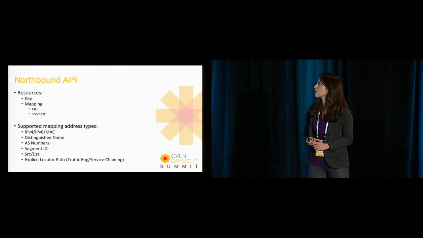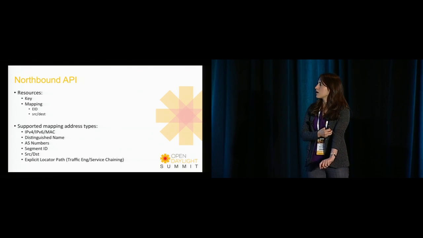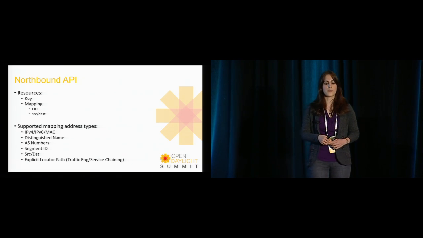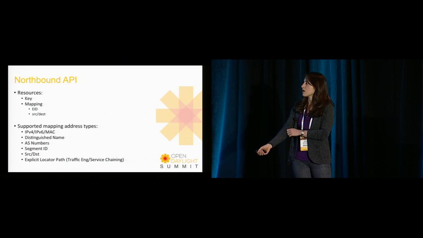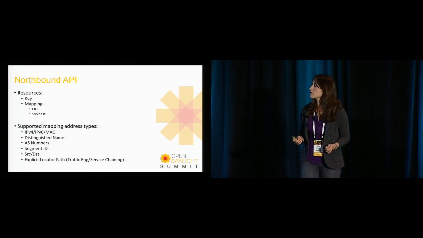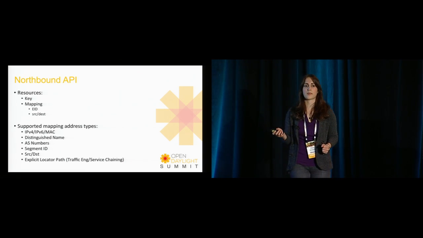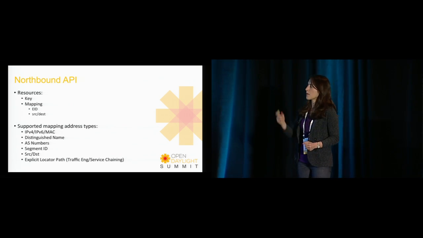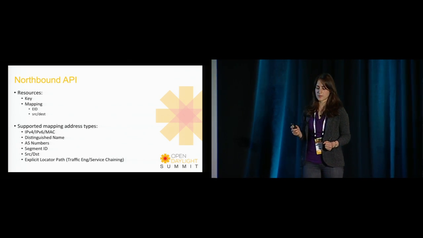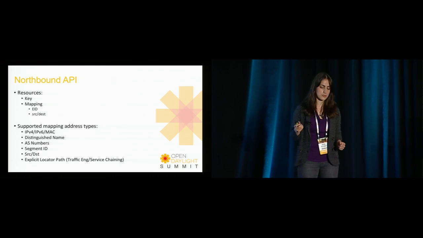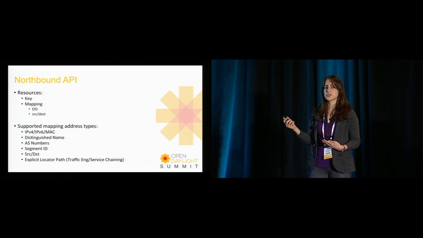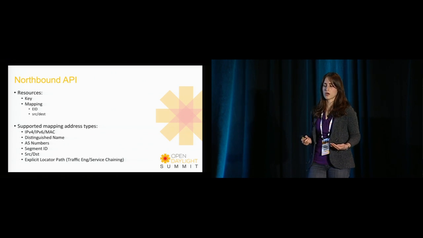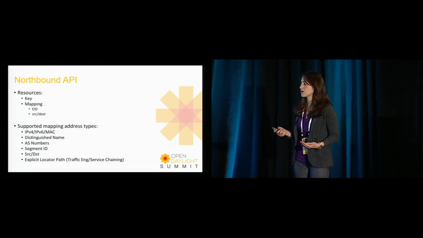Now, going through the northbound API, we have two main resources that we can play with. The main one is the mapping, of course. So you can insert or install mappings that provide location plus policy information for one EID, so that when you want to reach that EID, you have to follow those policies and reach that RLOC.